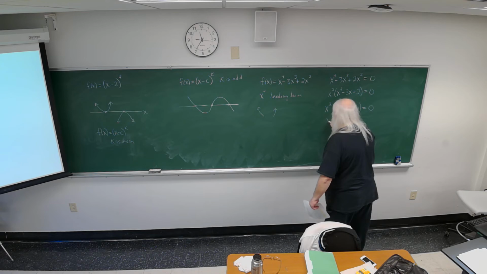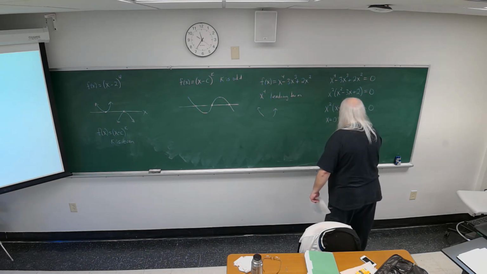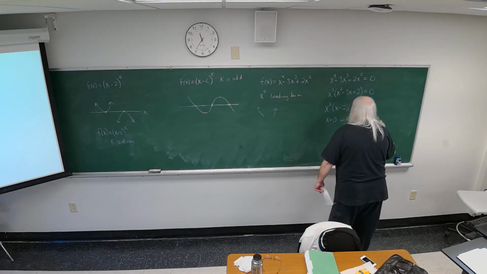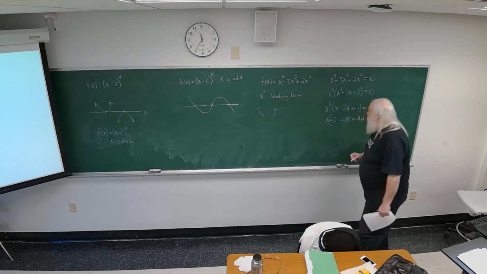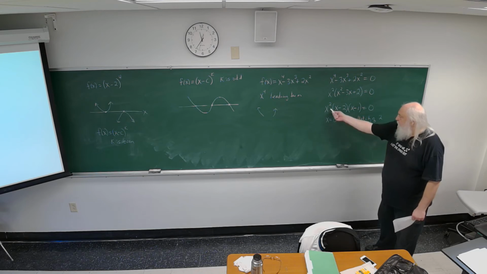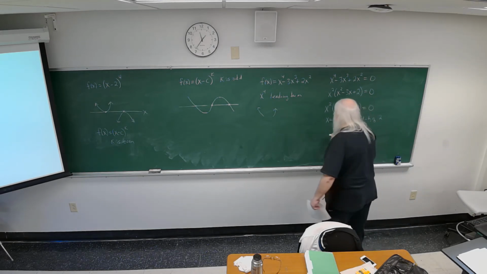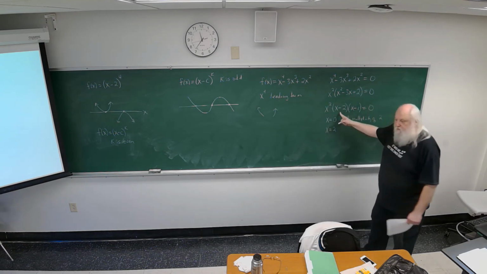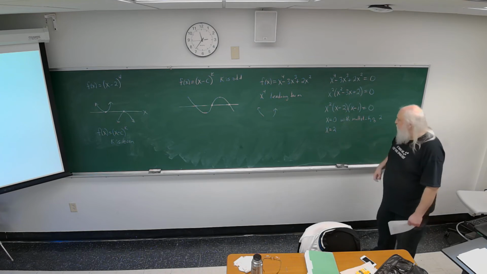And we get x equals 0 with multiplicity of 2. Okay, so this is x squared. And then when we set x minus 2 equal to 0 and solve for x, we get x equals 2.